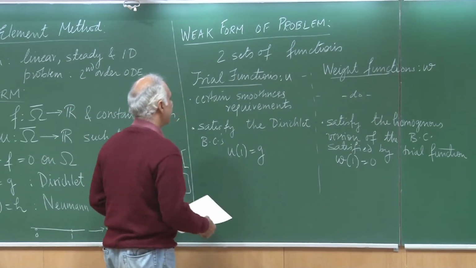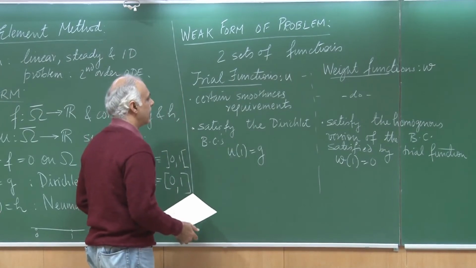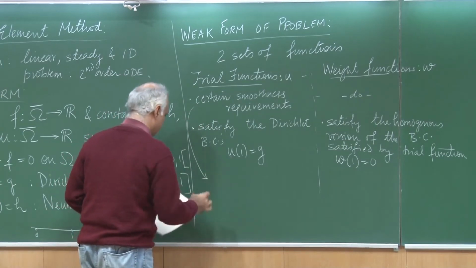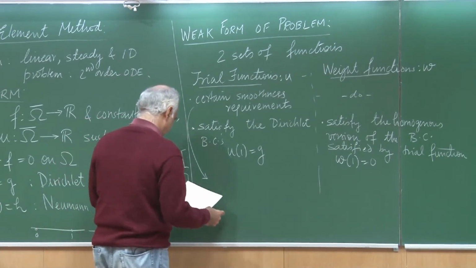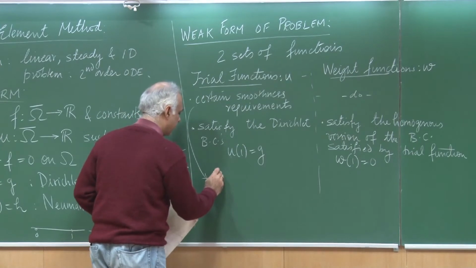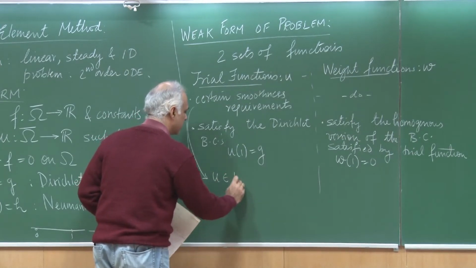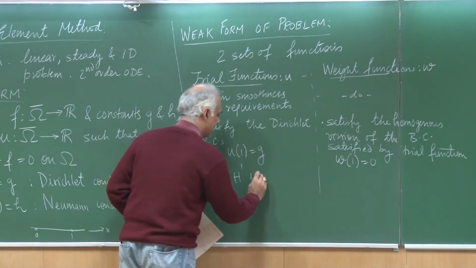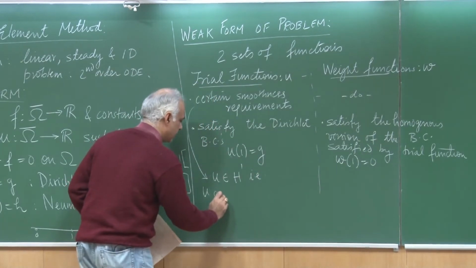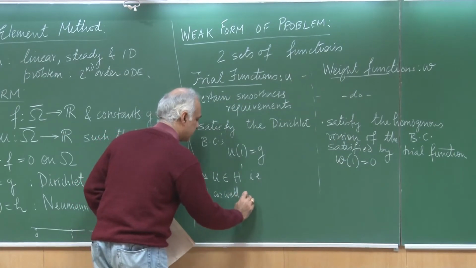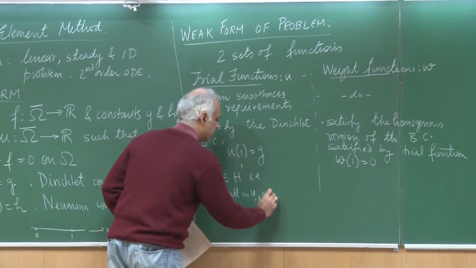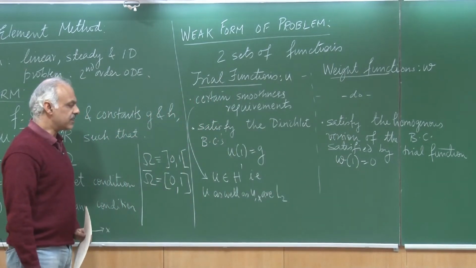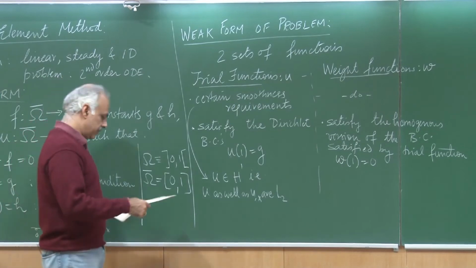For this particular case, we are going to take these smoothness requirements as follows. The smoothness condition we will say is that u belongs to the class H1, that is, u as well as u,x are L2. So, the function itself and its first derivative should be square integrable.